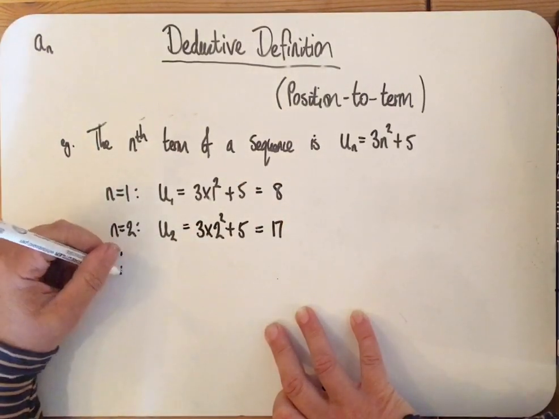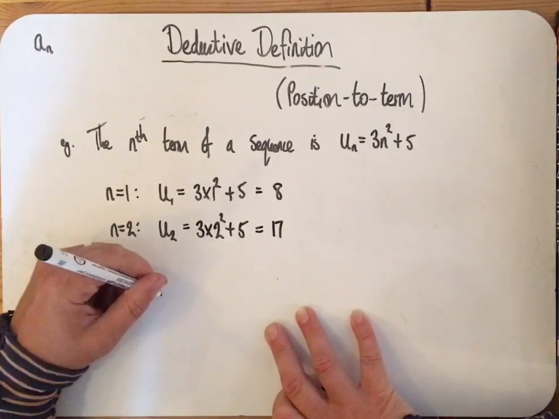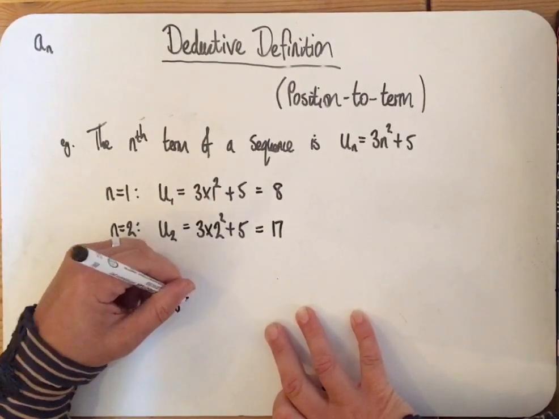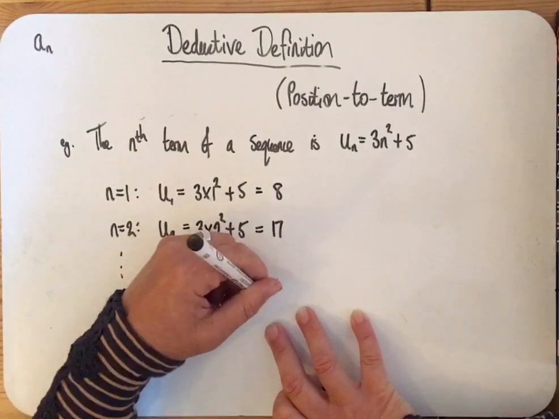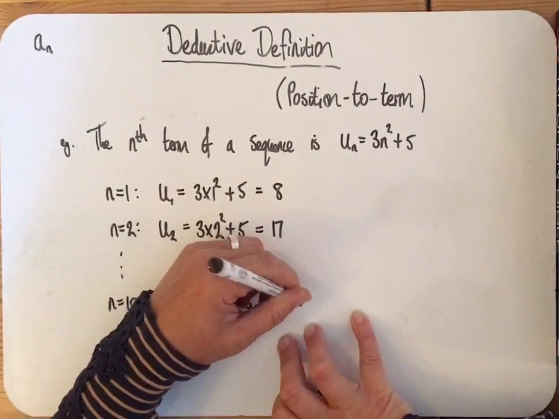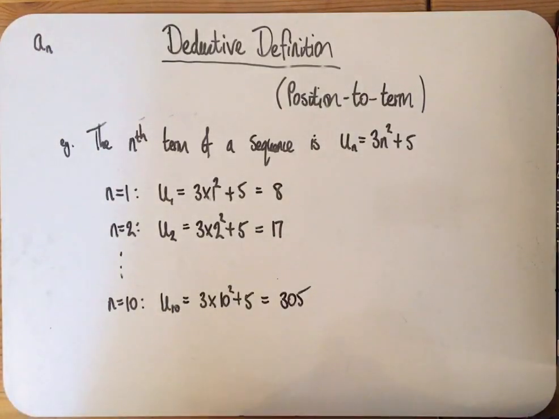And then you could find the 10th term by letting n equal 10, and get to be 305. So that should seem really straightforward. We don't tend to work on here's a sequence, write down the nth term. That doesn't tend to get used quite so much in A-level maths, but we'll work on that when we get to it if we need to.